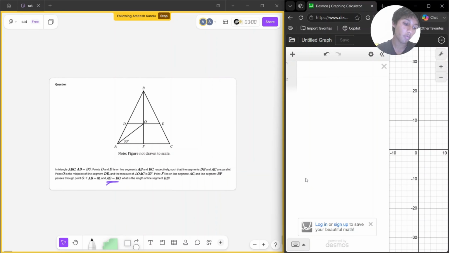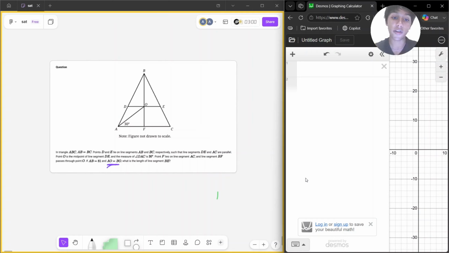All right, so if you thought we were done with triangles, we're definitely not. So we have this very annoying one. In this triangle ABC, AB is equal to BC. Points D and E lie on line segments AB and BC, respectively, such that line segments DE and AC are parallel.